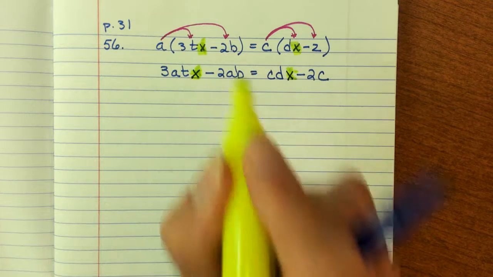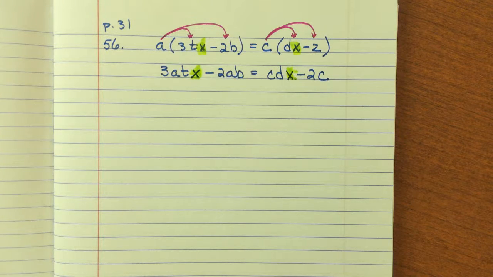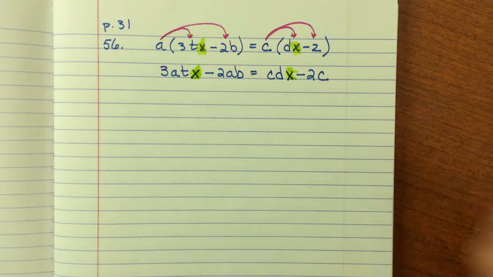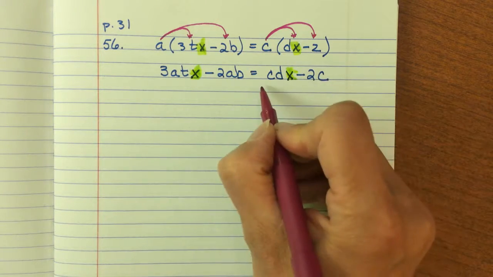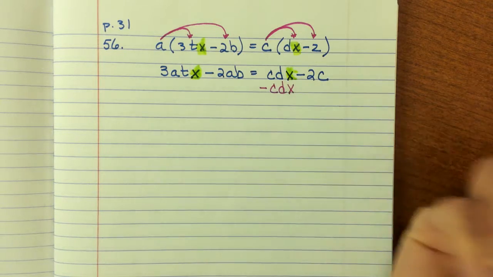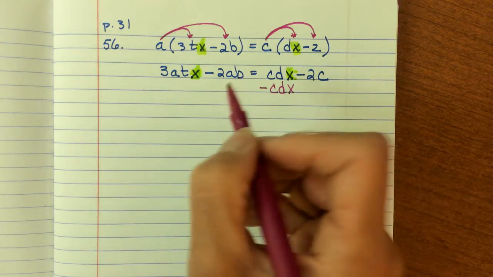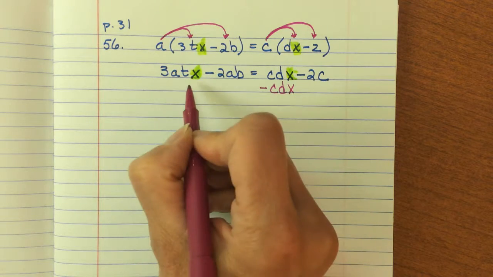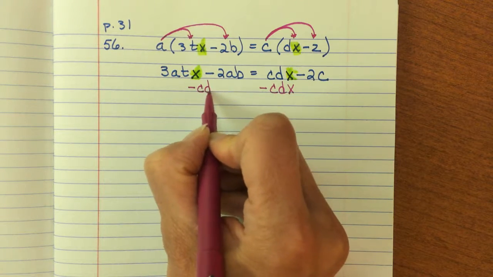So let's get my x terms on the same side of the equal sign. So that means I'm going to subtract, use this pen, subtract this number. Remember, that's a number, like the number 20. It just looks funny. And then I'm going to subtract that on this side too.